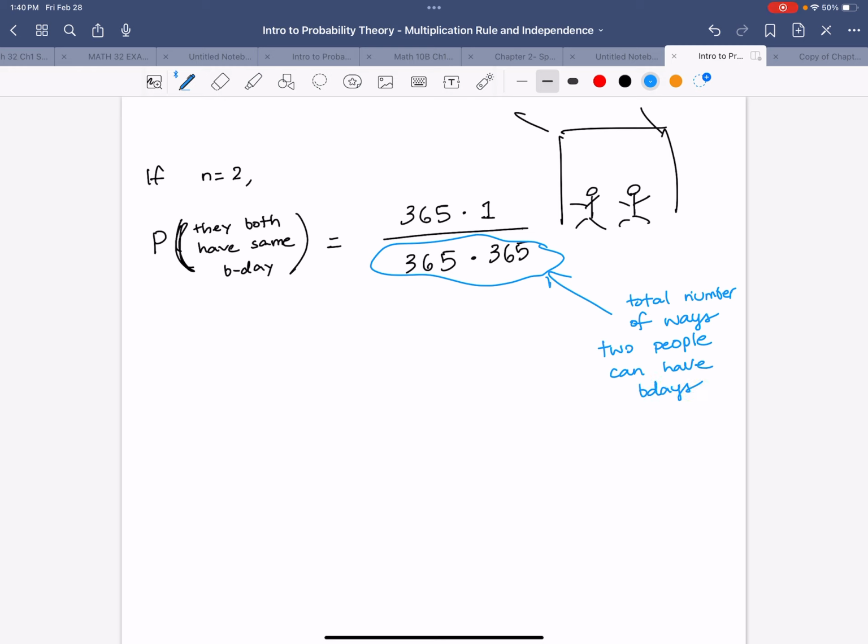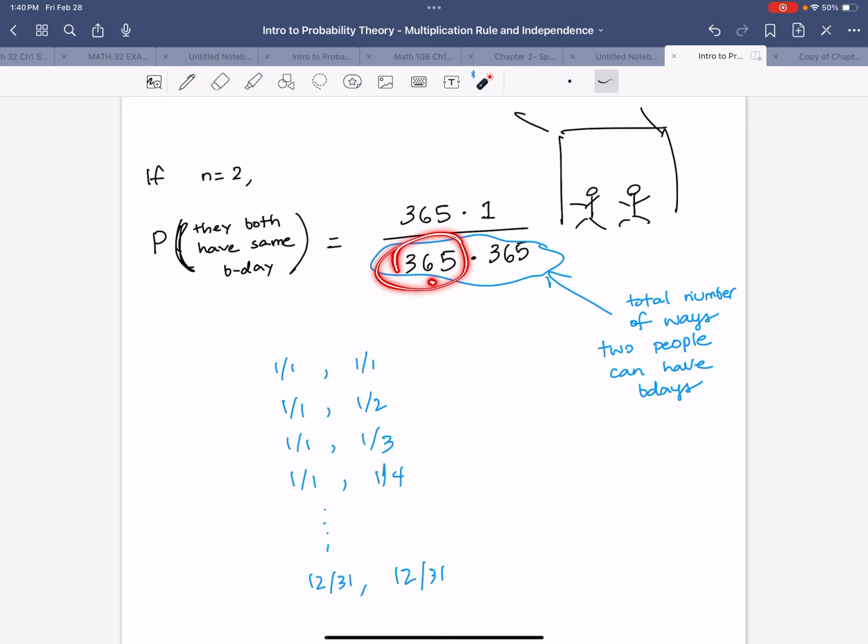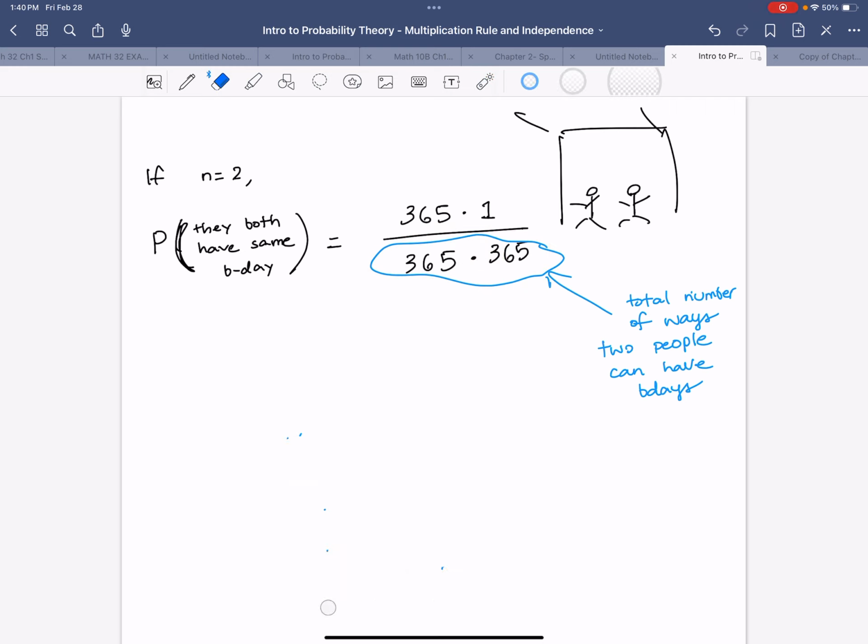So like maybe 1/1 and 1/1, 1/1 and 1/2, 1/1 and 1/3, 1/1 and 1/4, right? All the way down to December 31st, December 31st. So 365 options for the first one, 365 options for the second one. Total number is going to be the product of the two.